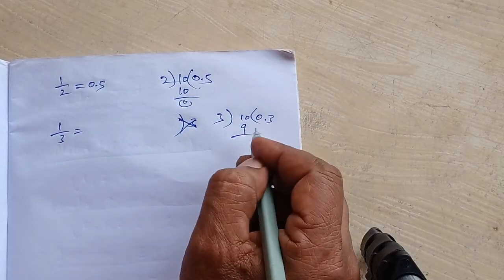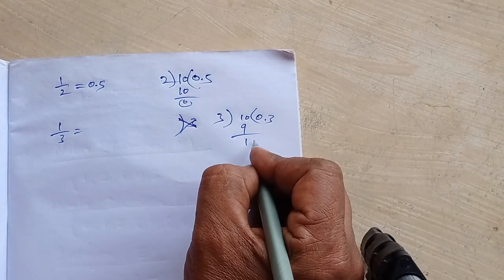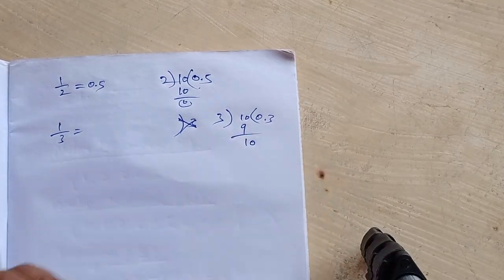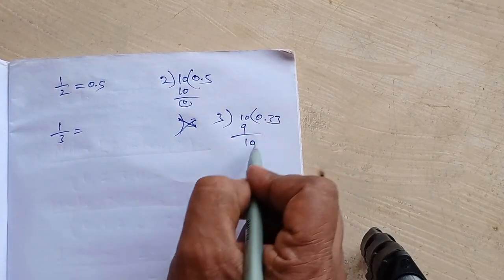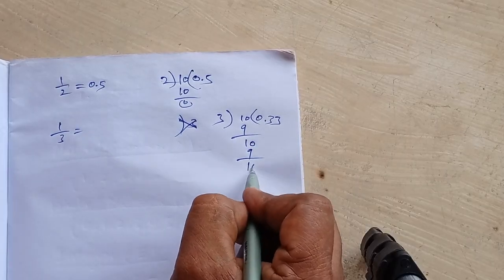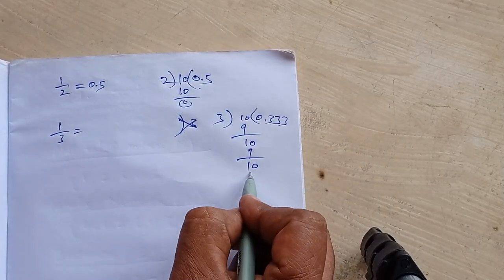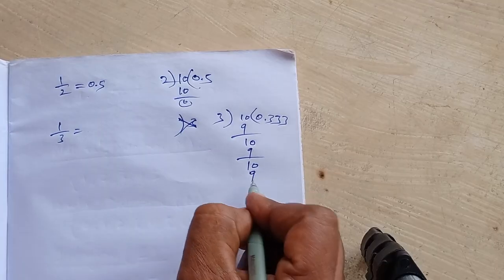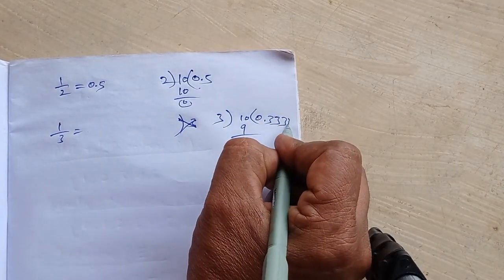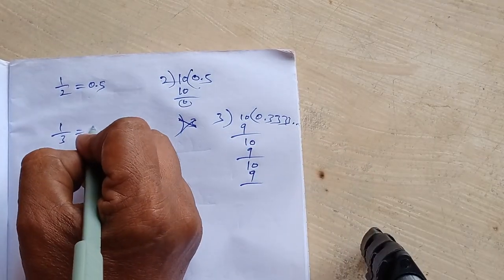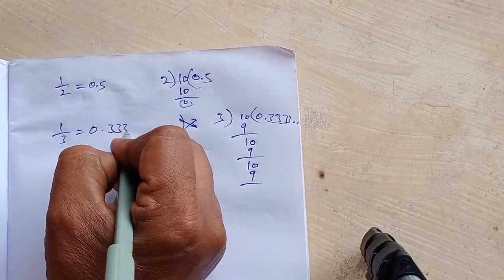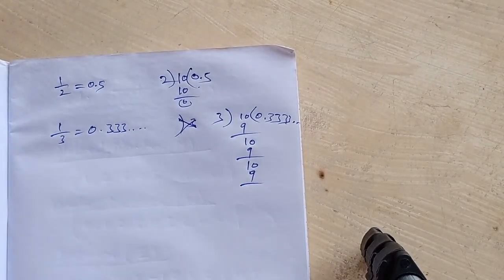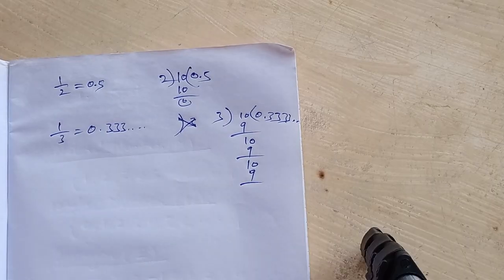Again we are getting remainder 1, take another 0, so 3 threes are 9. Like this we will be getting 3 infinite times. This is 0.3333, like this infinite times.